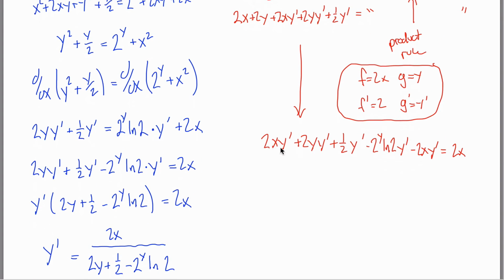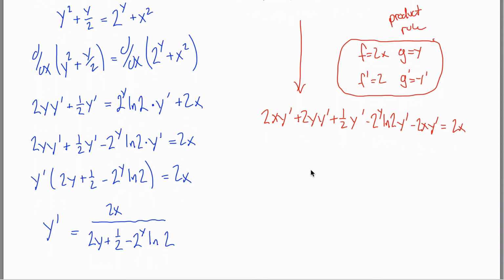And so if you factor out a y prime here, you might also notice the 2xy prime and the 2xy prime cancel each other out. So I just get 2y y prime plus 1/2 y prime minus 2 to the y, natural log of 2 y prime is equal to 2x, which I think is the same thing I have here. Sure looks like it. So finish it this way.